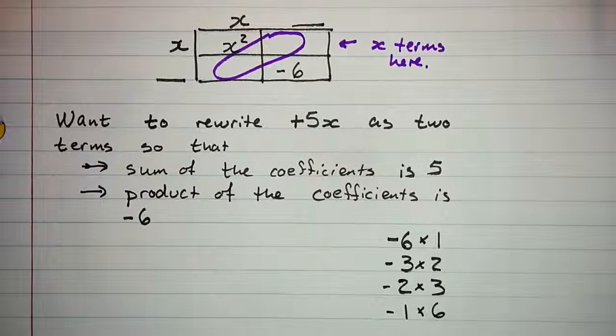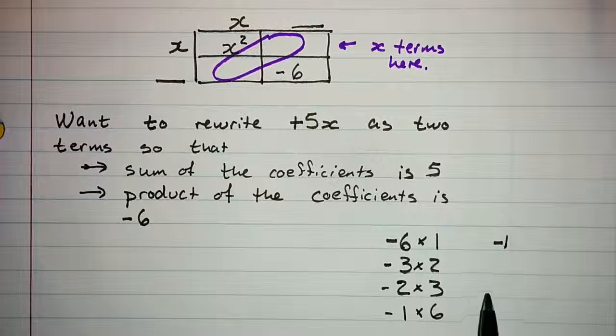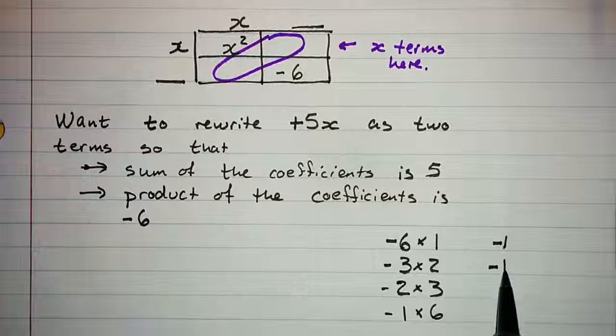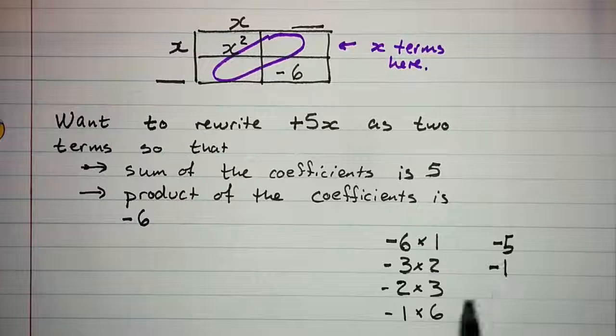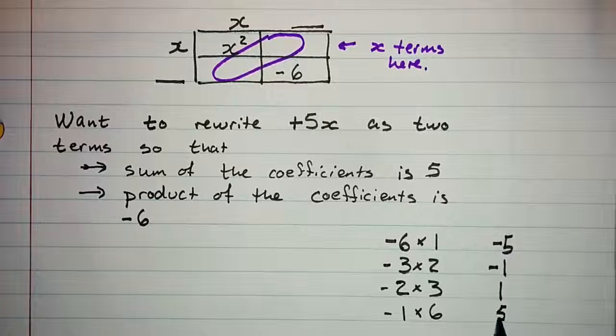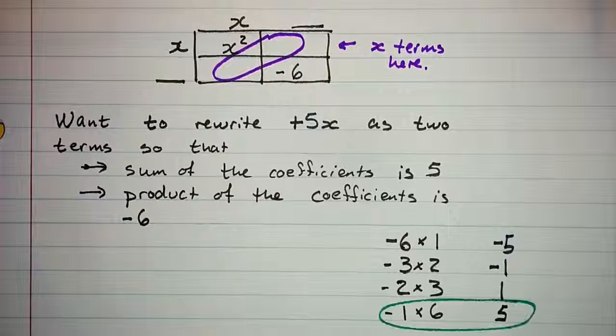What do we get when we add up these factors? -6 plus 1 is -5. -3 plus 2 is -1. -2 plus 3 is +1. -1 plus 6 is +5. -1 plus 6 is our winner, I think.